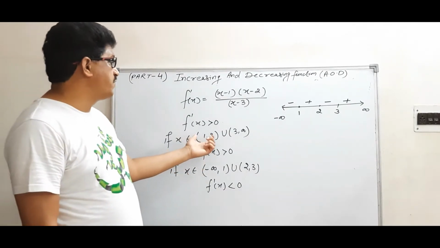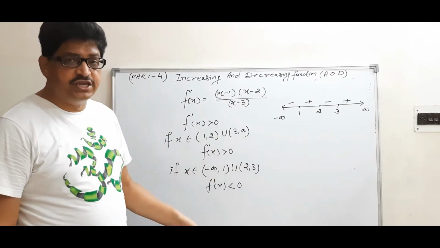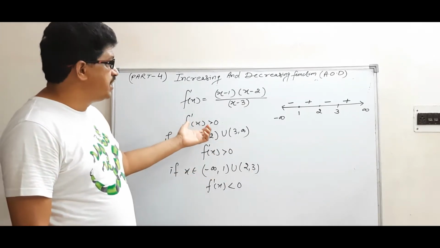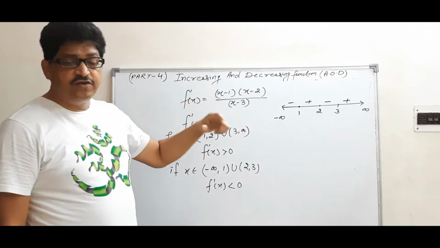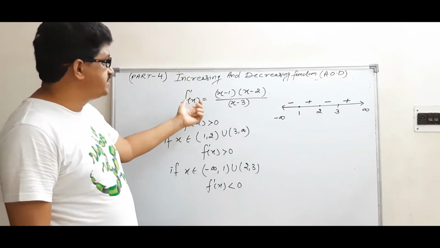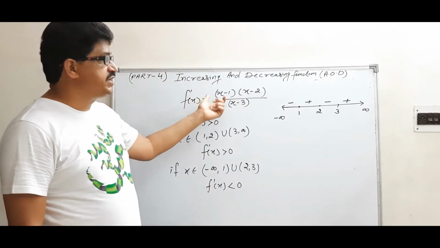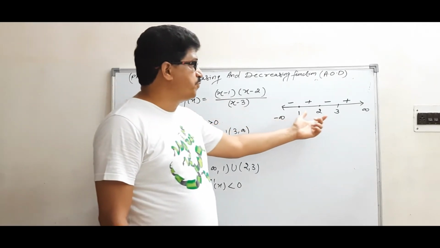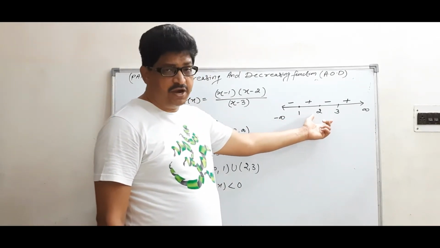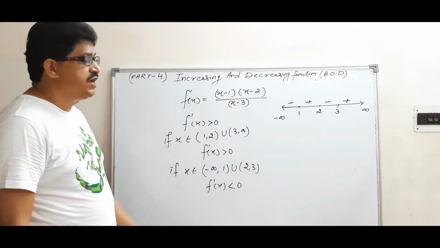If we have an open interval, it means strictly decreasing. So a function is given. First of all, we find f'(x), and from f'(x) we will find the values of points on the number line. Then we decide the intervals.